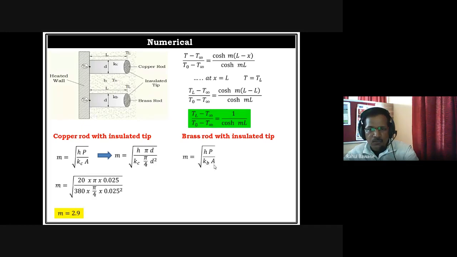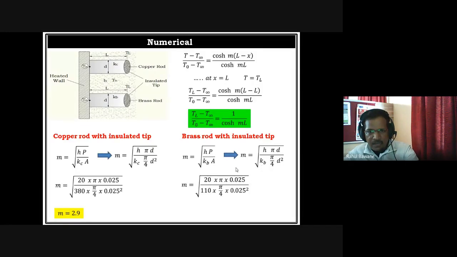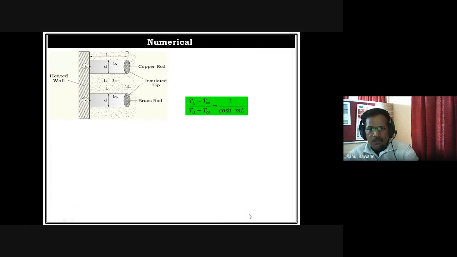For brass, m will be the square root of hP upon Kb into cross section area. Diameter is identical, so perimeter will be the same, pi d, and cross section will again be the same, pi by 4 d square. Except Kb is different, other parameters are identical. So Kb is 110, and accordingly I got m as 5.39. So for copper rod, we got m equal to 2.9.